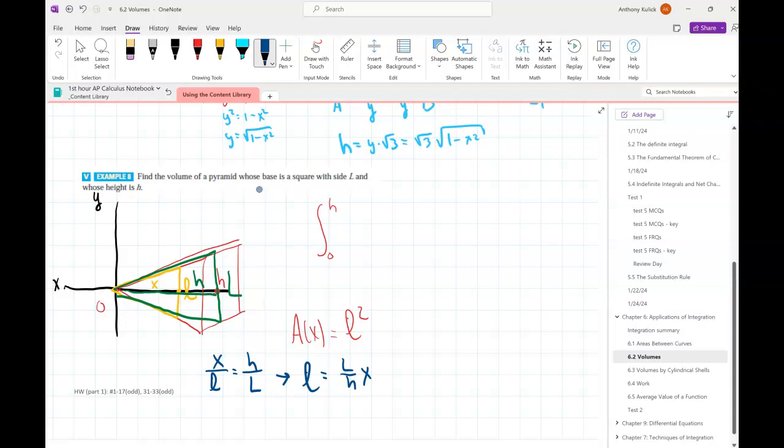And these are constants. Those were given to me, so that looks good. So we're going to have L over h times x, squared, dx.